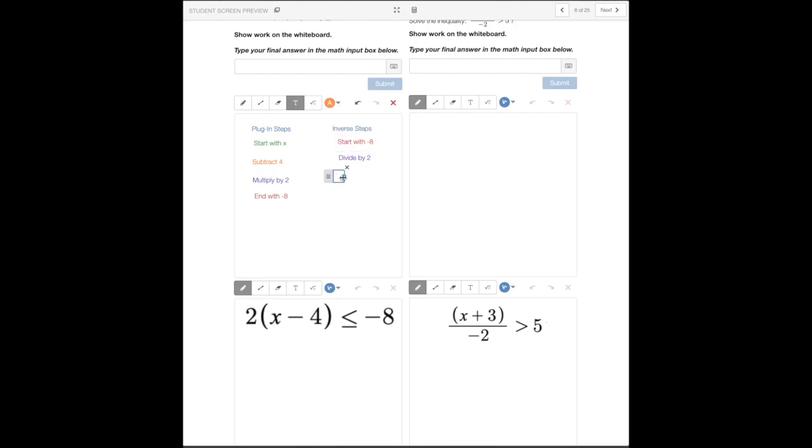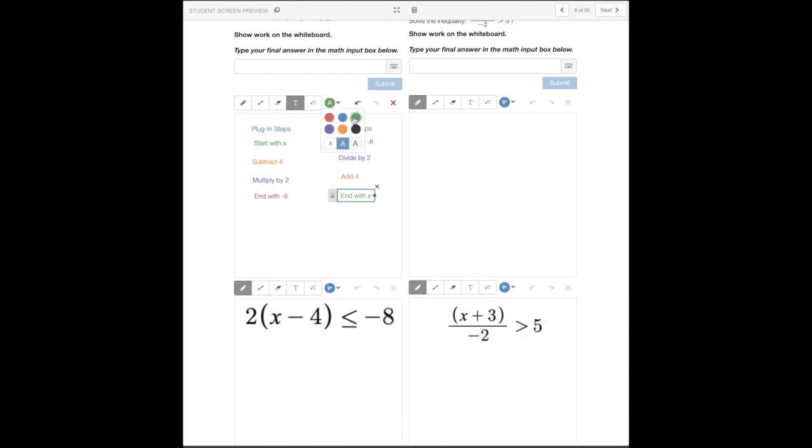Add 4. And then I undo this. Start with x, so I should be ending with x. Here, let me just type it first. End with x and then change the color. There we go. I think that's better.